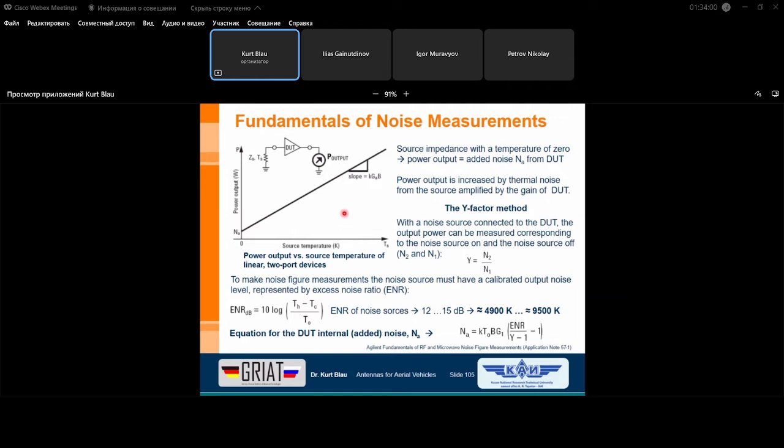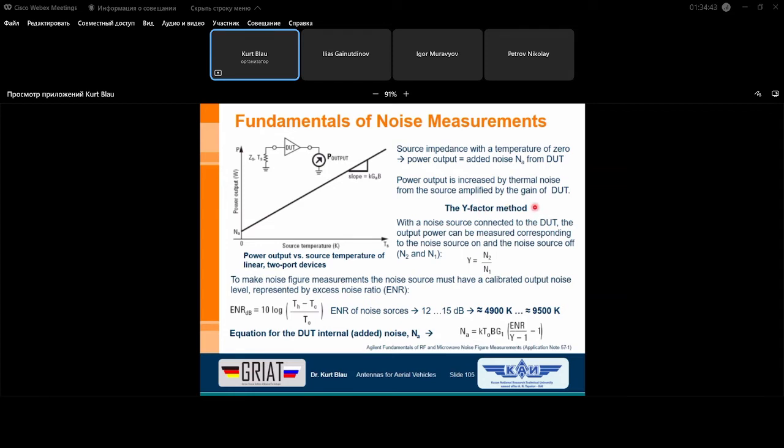An avalanche diode creates more or less white noise, meaning a noise behavior over a very large frequency range. Based on this possibility to create an artificial higher source temperature with the help of a semiconductor device, for this new method to determine the noise figure of our device under test, our amplifier, our receiver, we can apply the so-called Y factor method.